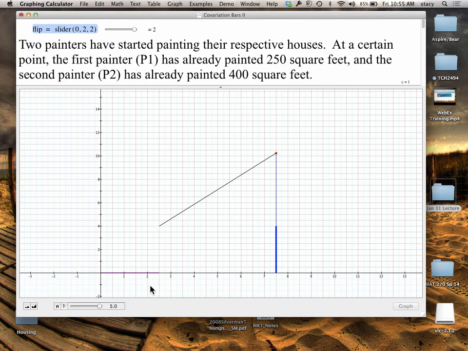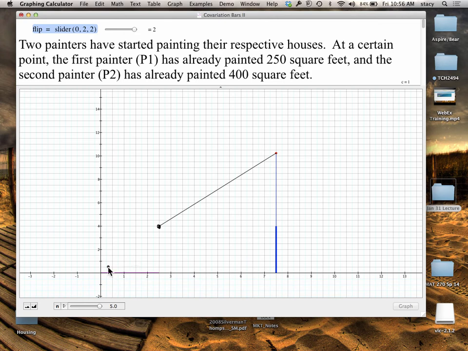Well, the 250 and 400 square feet are recorded right here, but you're asking why don't I have a line going? It's just a matter of when you start paying attention to the scenario. That's all it is. It could be the case that painter 1 was painting really fast compared to painter 2, and then slowed down.